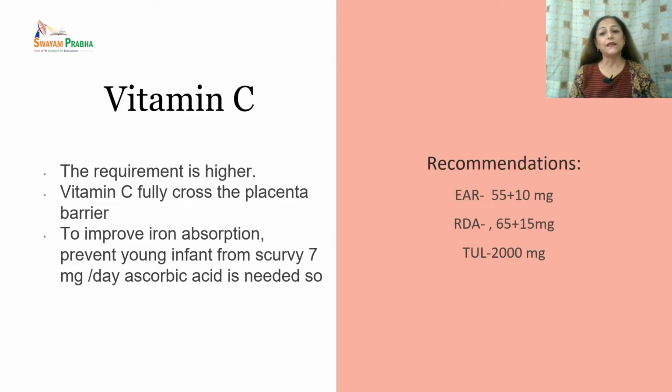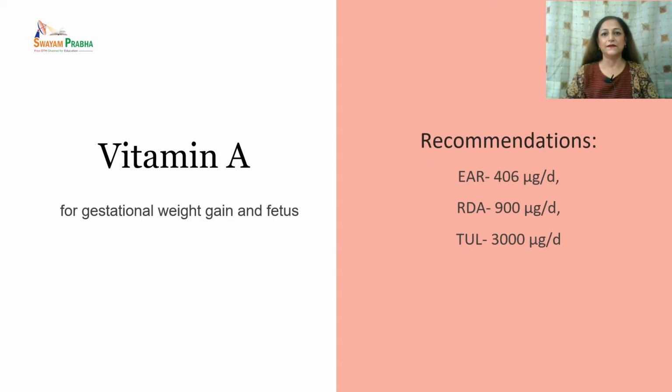Therefore, the recommendations say the EAR of adding 10 milligrams to the usual vitamin C intake, and RDA suggests intake of 15 milligrams additional to the routine intake is recommended during pregnancy. However, the tolerable upper limit has been set at 2000 milligrams, and this is related to the vitamin C supplements.